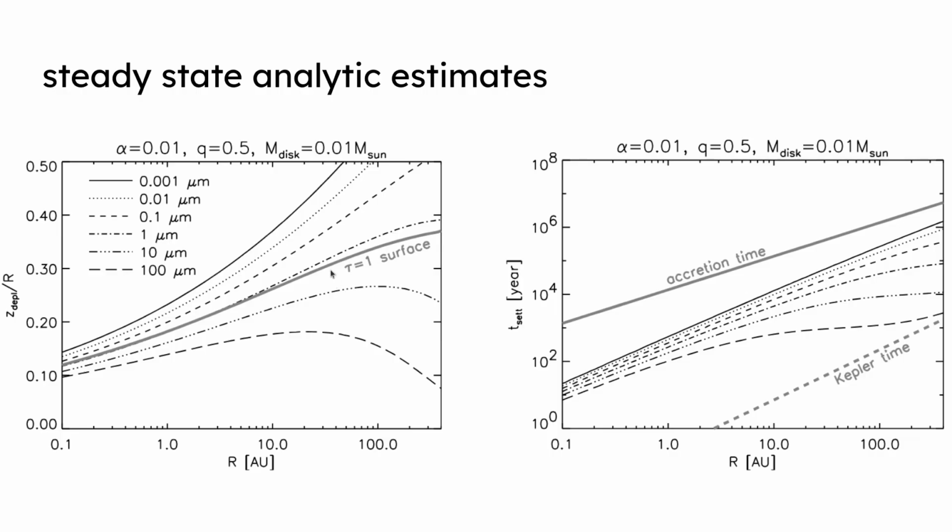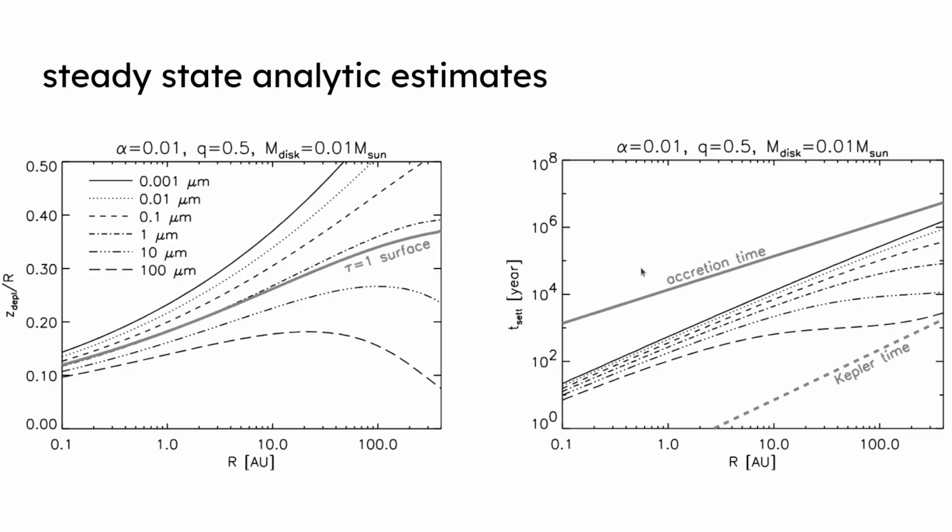Also, for the tau equals 1 surface, there is a note that at this wavelength the opacity is dominated by dust around 0.1 micron, and it's above the tau equals 1 surface, so it's not really influencing it at this alpha parameter.